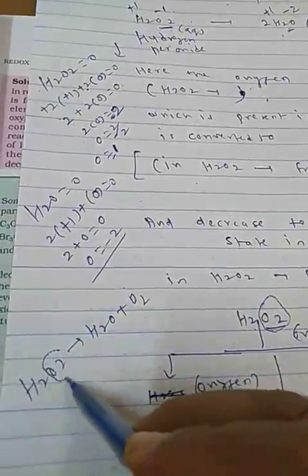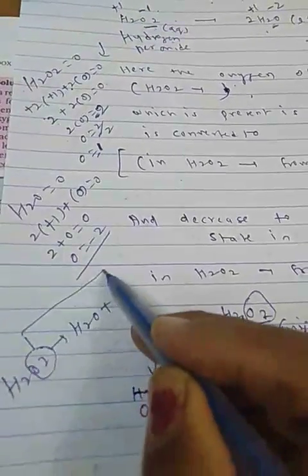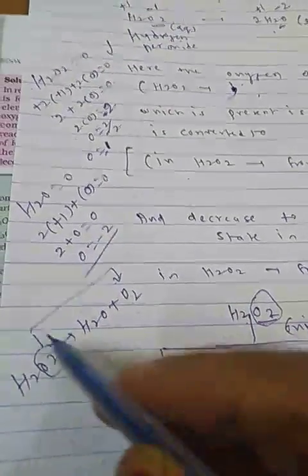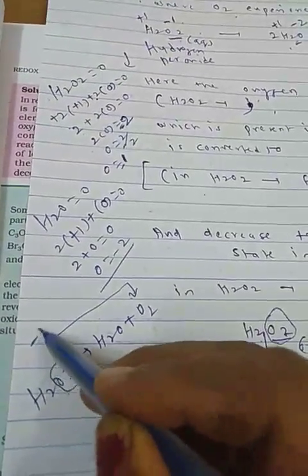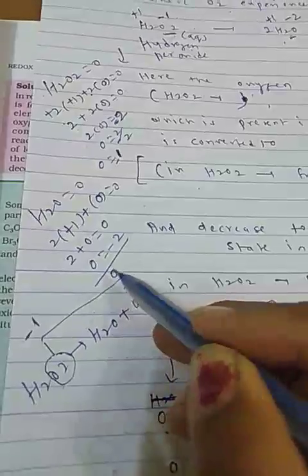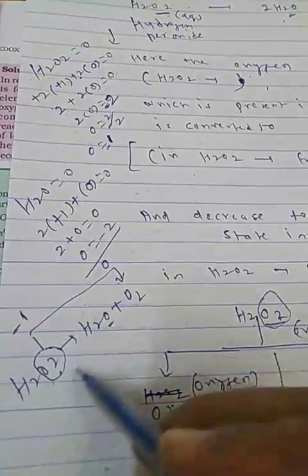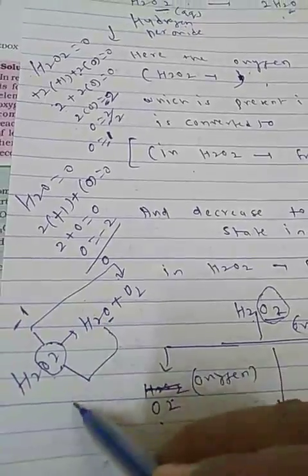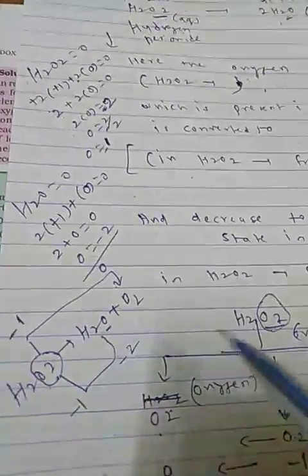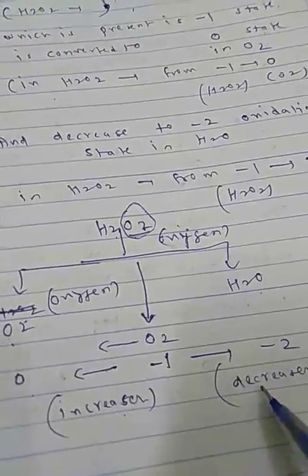From -1 to 0 is an increase, and -1 to -2 is a decrease.